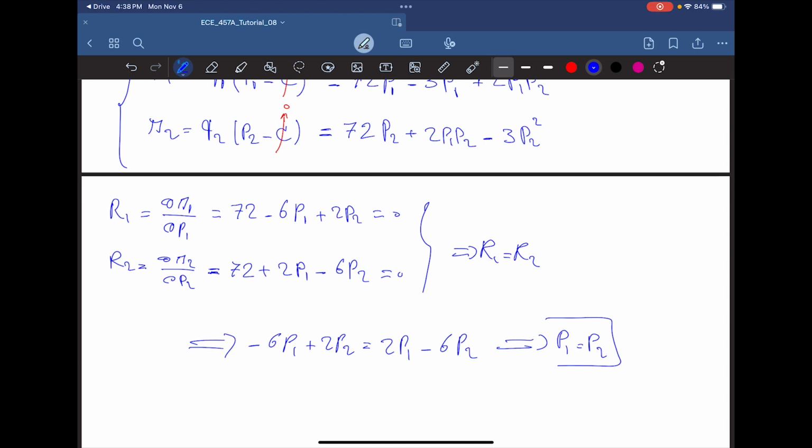Okay, now we can substitute this equation in one of them, so there's no difference. We can use this one and say that 72 minus 6P1 plus 2P1 equals 0. P1 equals 18, which is also P2.